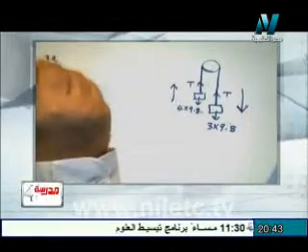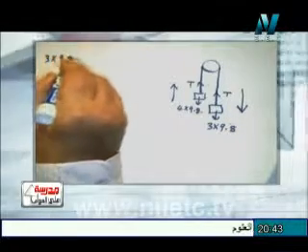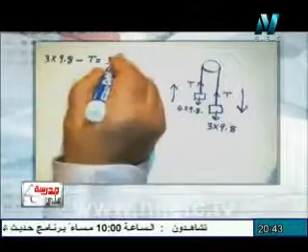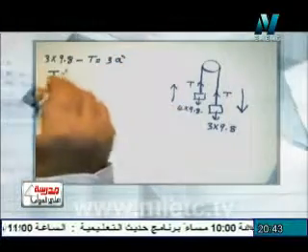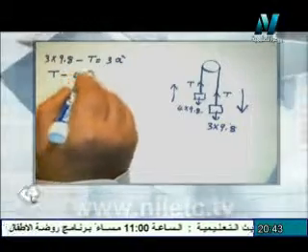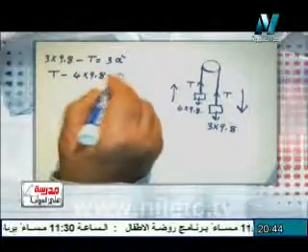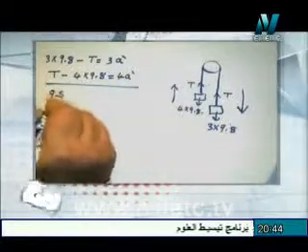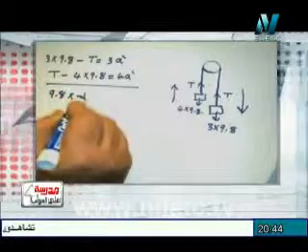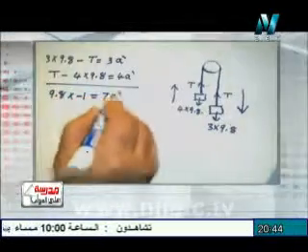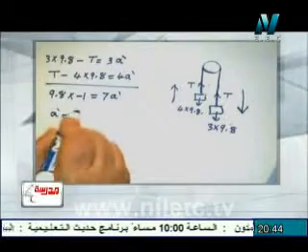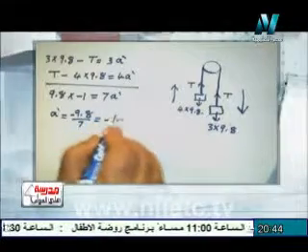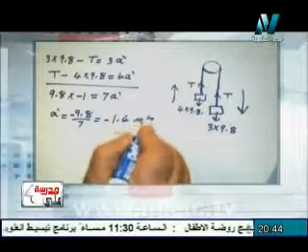Then 3 multiply 9.8 minus T equal 3A dash, and T minus 4 multiply 9.8 equal 4A dash. Adding, take 9.8 common factor: 3 minus 4, negative 1, equal 7A dash. Therefore A dash equal negative 9.8 over 7, which equals negative 1.4 meter per second square.